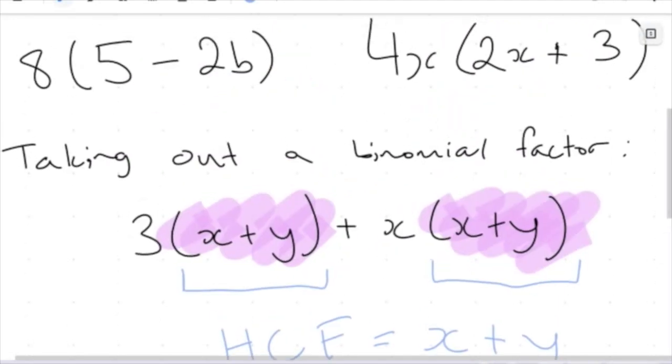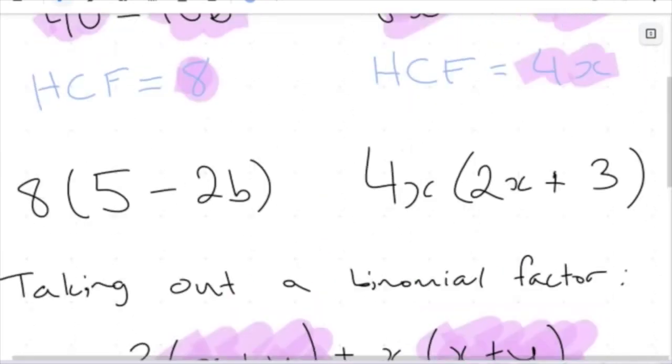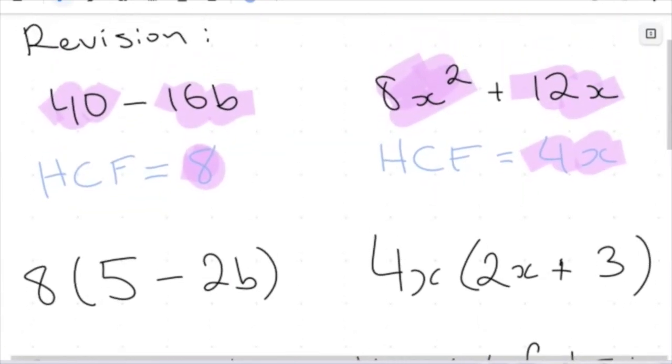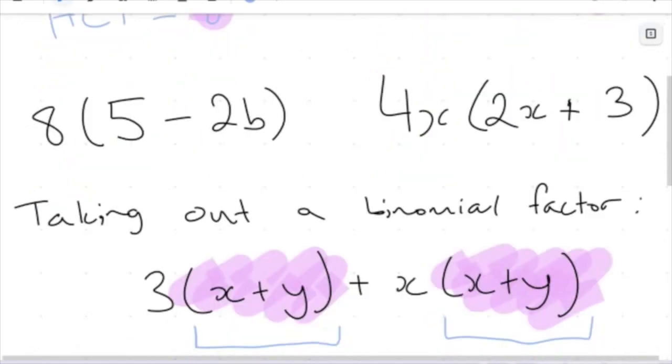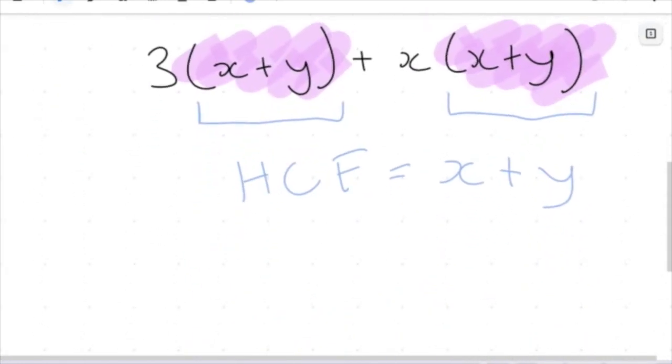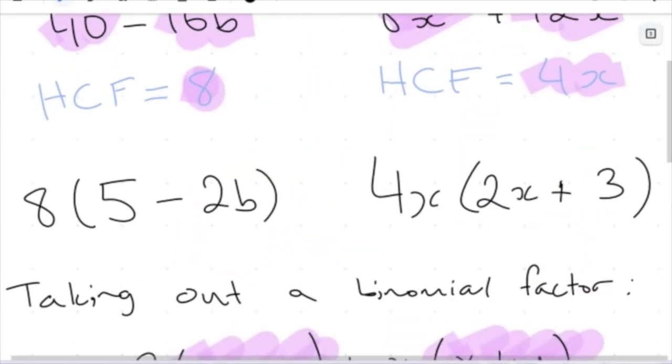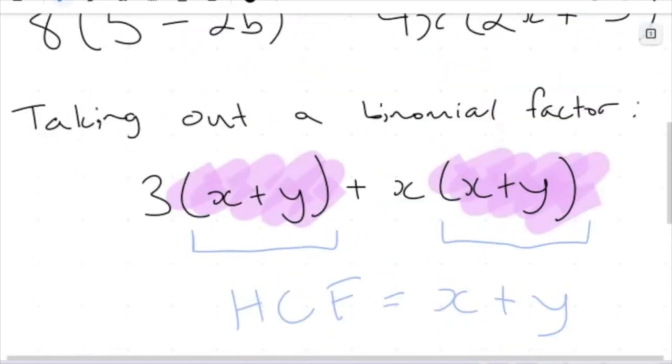Now, we're going to do the exact same thing we did up here. This should not be scary because we're doing the exact same thing. Now, all we want to do is pull out this x plus y in front. Now, because there's two terms, the only difference between what I do here and what I did up here is I have brackets around the x plus y.